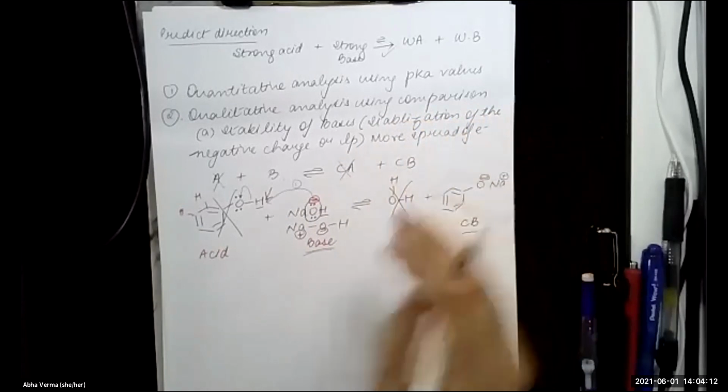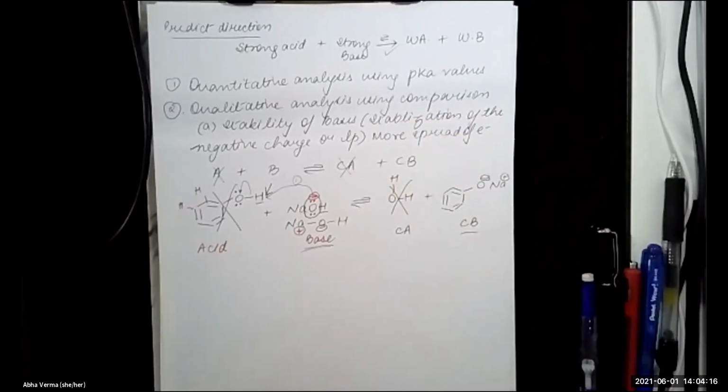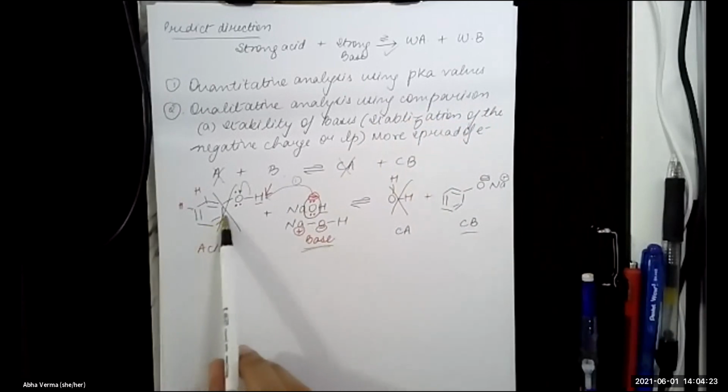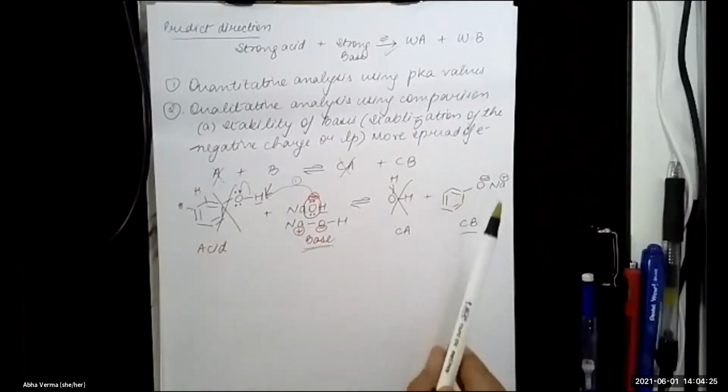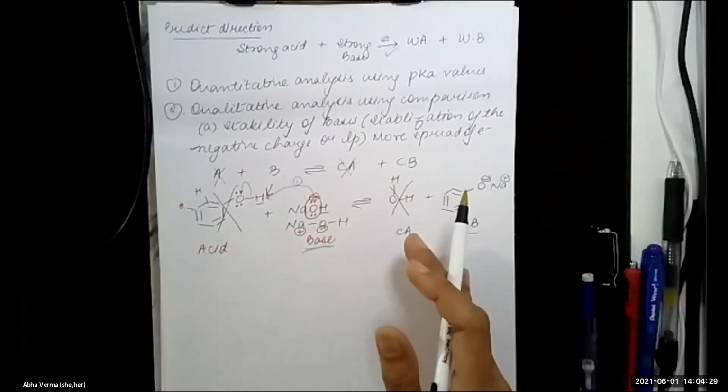Now, spread of electrons can be in form of resonance, it can be in form of delocalization, and there are several other methods by which spread of electrons can be seen. And it should be unhindered. There should not be any breaks in between.